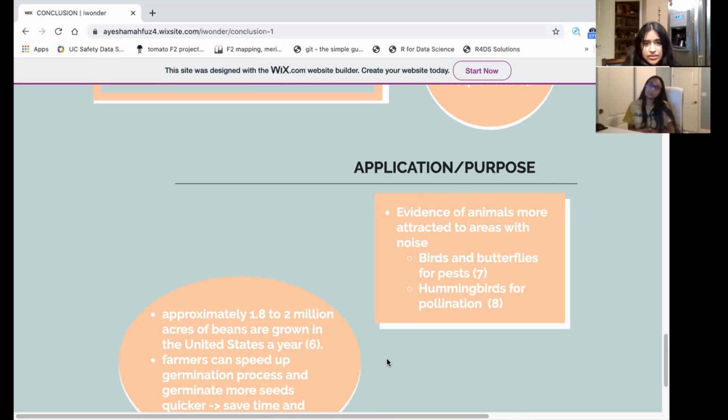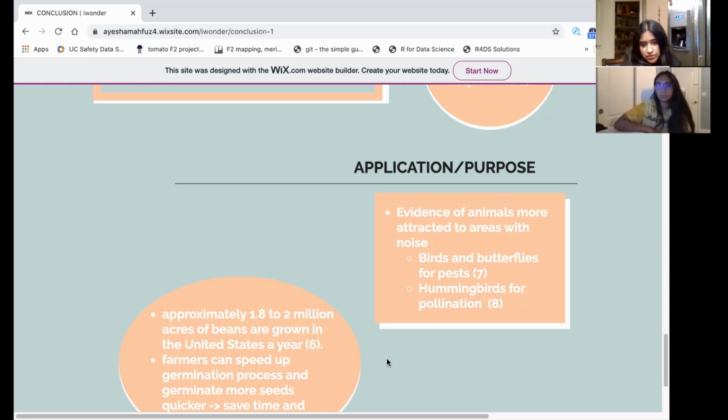This could be helpful because it has been shown that when you play some types of frequencies, birds and butterflies come and help get rid of the pests that are near the plants. Less pests means that more plants will actually grow. That could help out the farmers, who maybe don't have to worry about pesticides and these things that are getting kind of controversial.